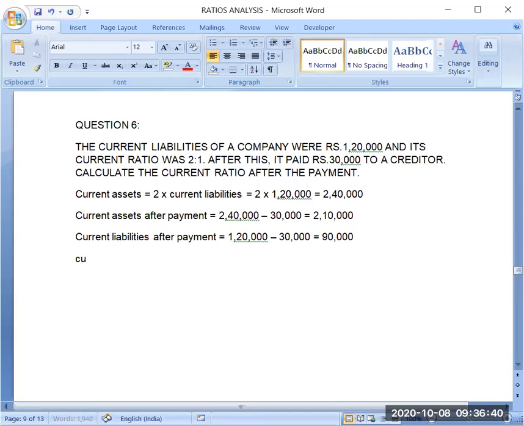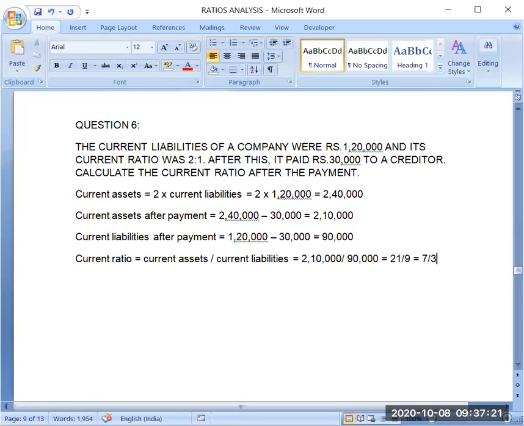So your current ratio is equal to current assets upon current liabilities, which is 2,10,000 divided by 90,000, and it can be termed as 21 divided by 9, and that is 7 divided by 3.